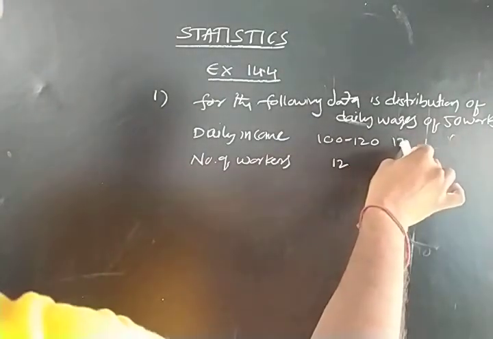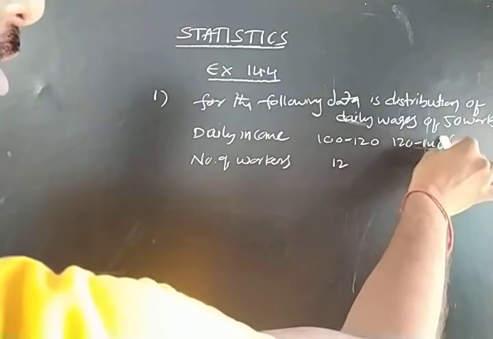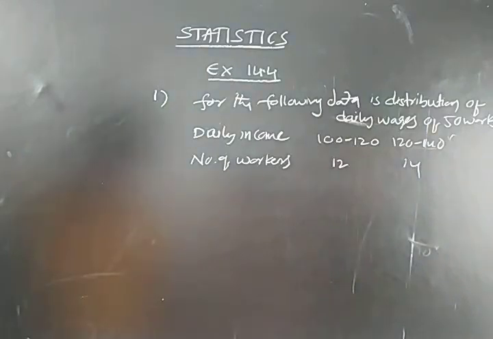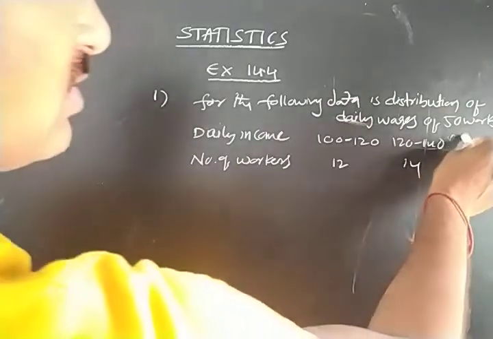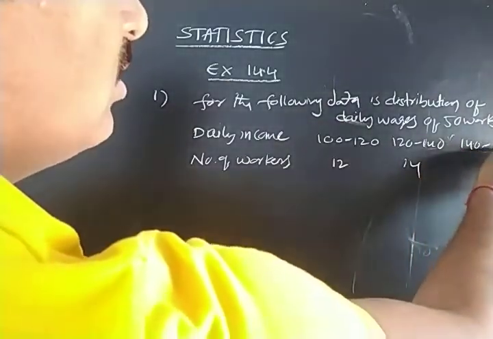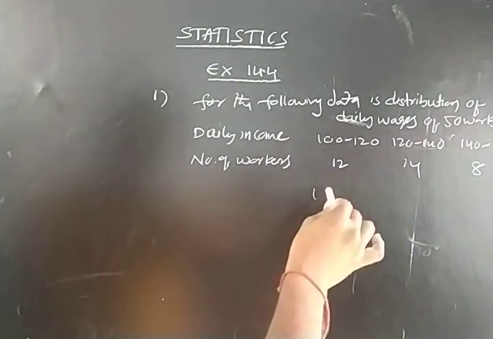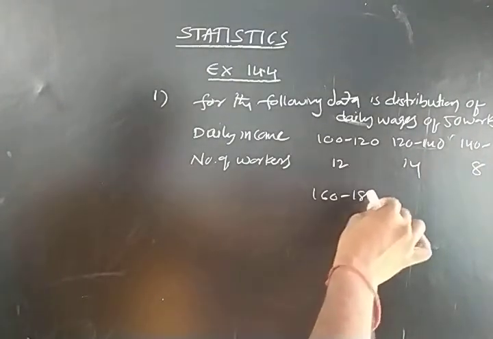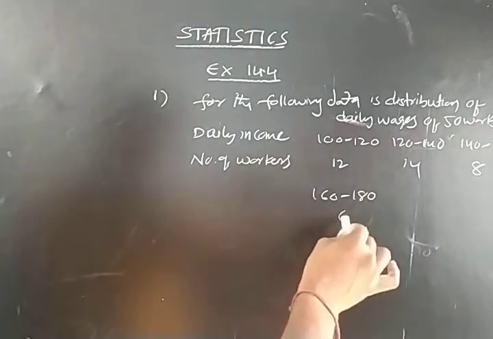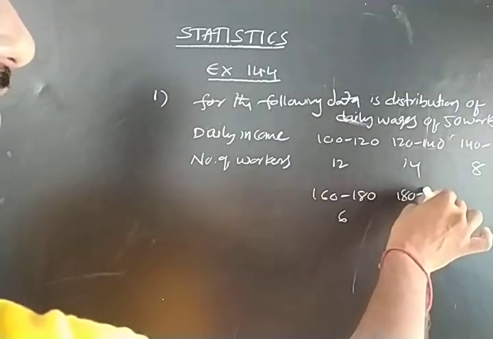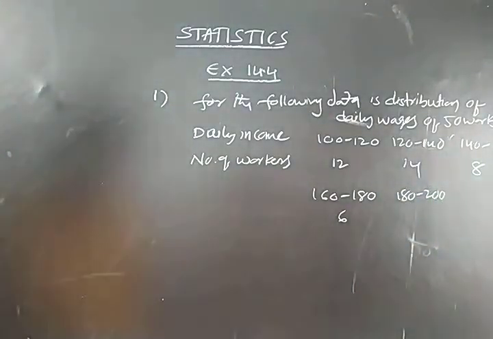120 to 140 rupees are received by 14 workers. 140 to 160 rupees, 8 workers. 160 to 180 rupees, only 6 workers. 180 to 200 rupees, 10 workers.